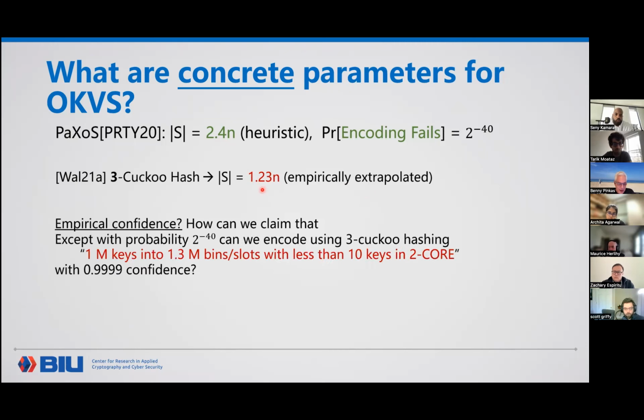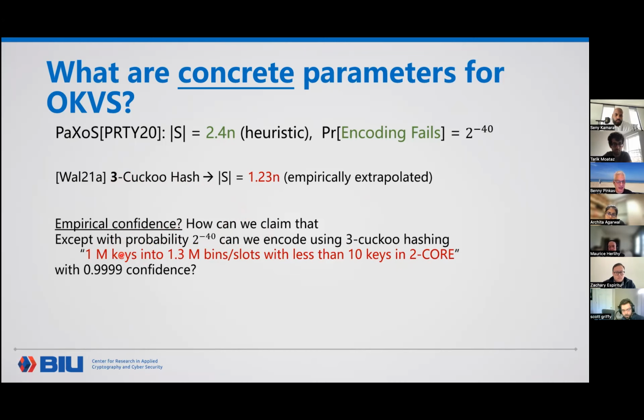So what we would like to do is to claim that, except with very small probability, we can use this 3-way cuckoo hashing and map 1 million keys to say 1.3 million bins with less than 10 keys in the 2-core, in the final cycle.